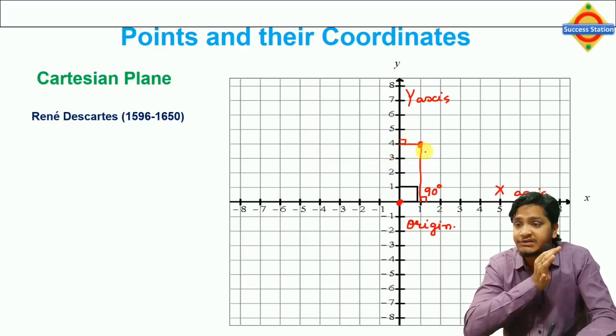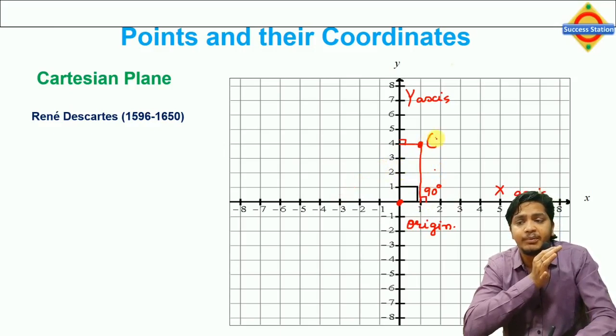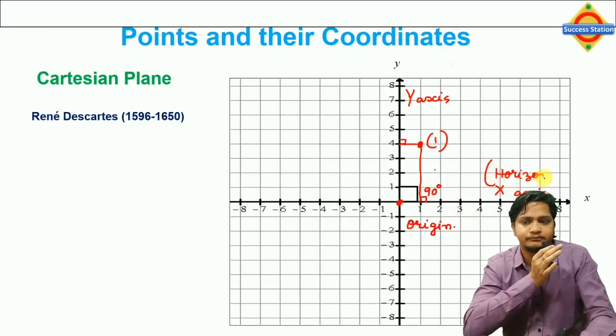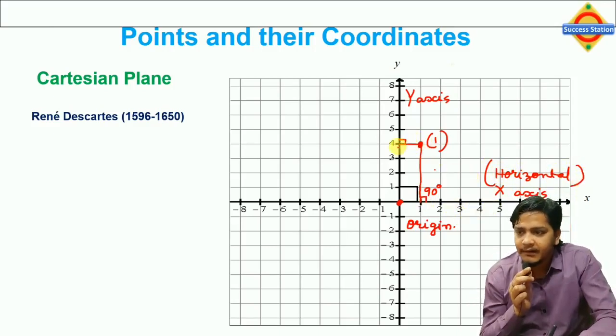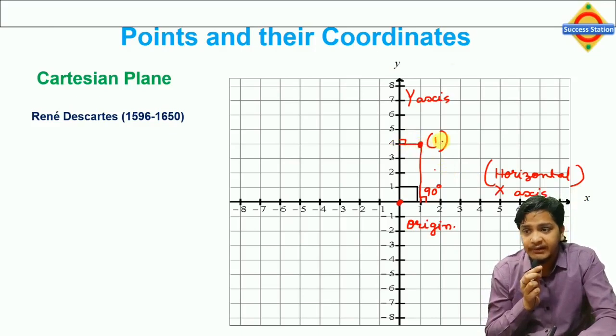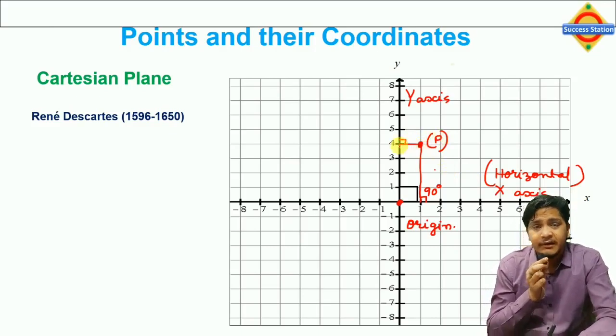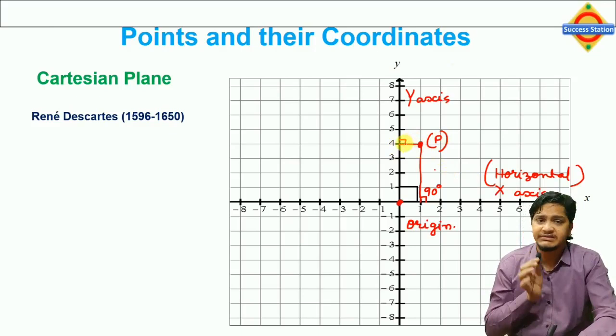Only the perpendicular distance, and distance can be anything, but no, he was talking only about the perpendicular distance. So this is the perpendicular distance of this point P from the x-axis, or you can say for now the horizontal number line. And this is the perpendicular distance of this point from the vertical number line or y-axis.